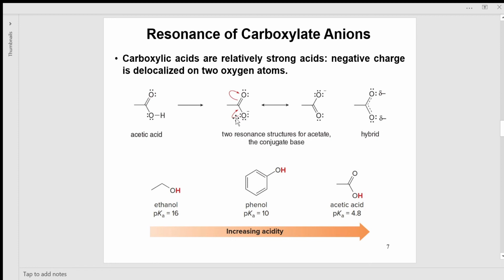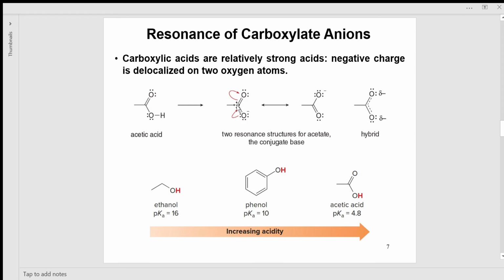So we can draw our second resonance structure. The two electrons move this way, two electrons move this way, to form a new resonance structure, and we use a double-headed arrow to represent the two resonance structures. In resonance structures, you basically have the same configuration, which means all atoms are in the same position.